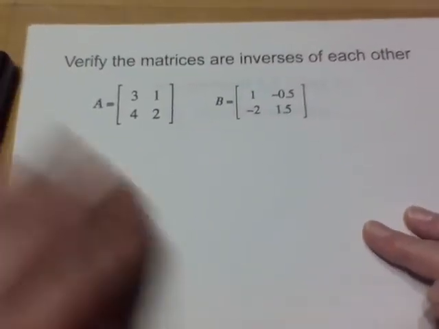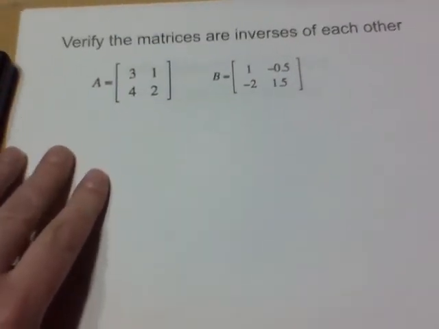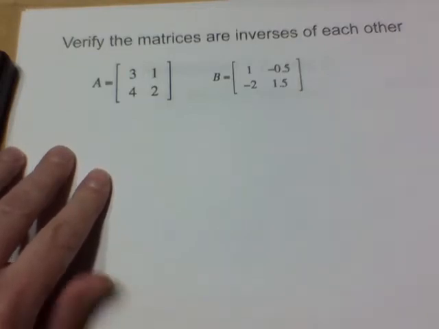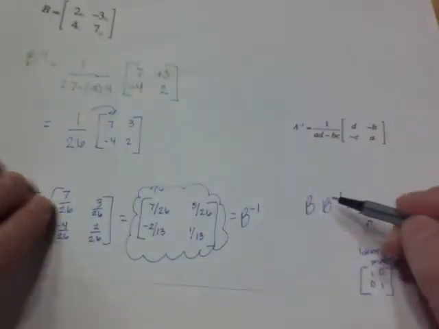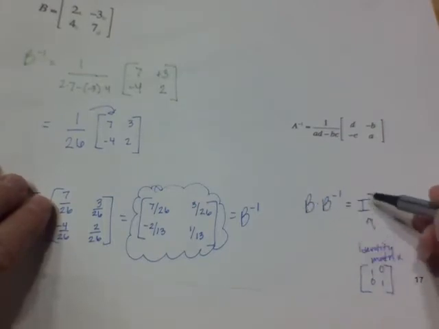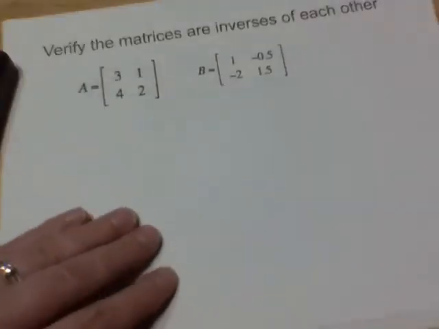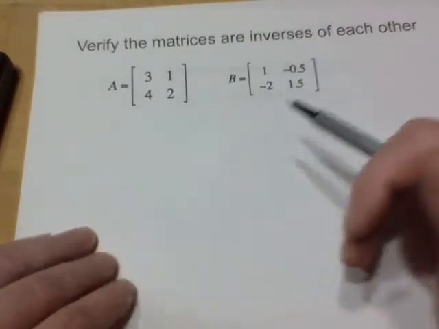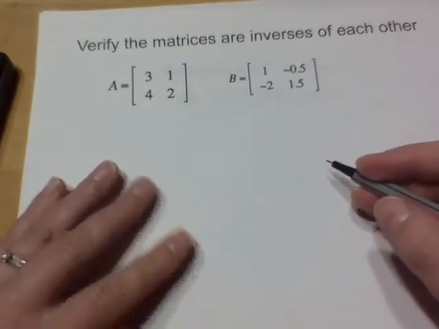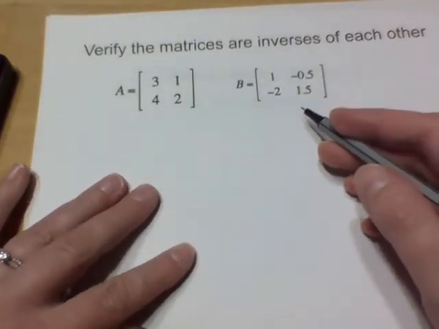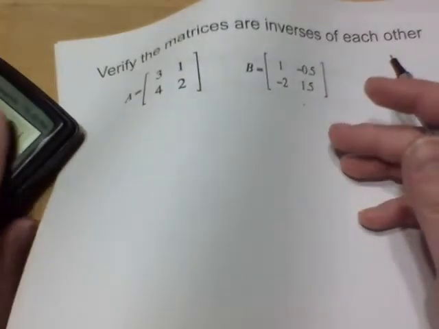All right. So this next one here, we're going to verify that these matrices are inverses. And so remember that the idea of verifying if something was a matrix would be able to multiply them and hopefully get the identity matrix. The reason that this is a 2 by 2 is because it's a whole lot easier to do it that way. So we're going to by hand multiply these, and then I'm going to show you quick how to do it on the calculator.